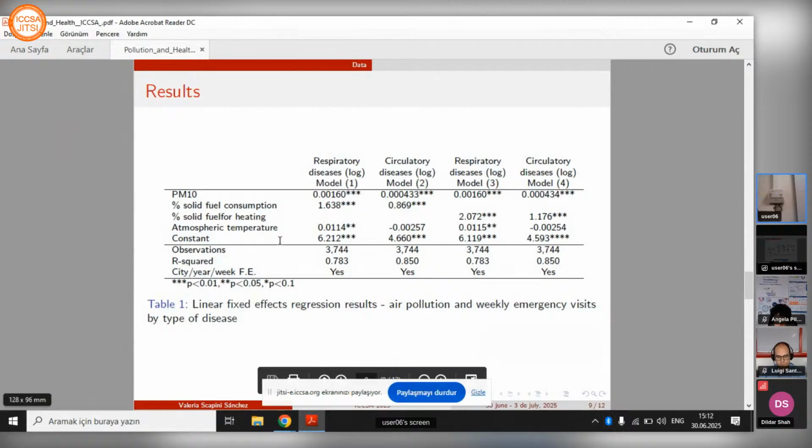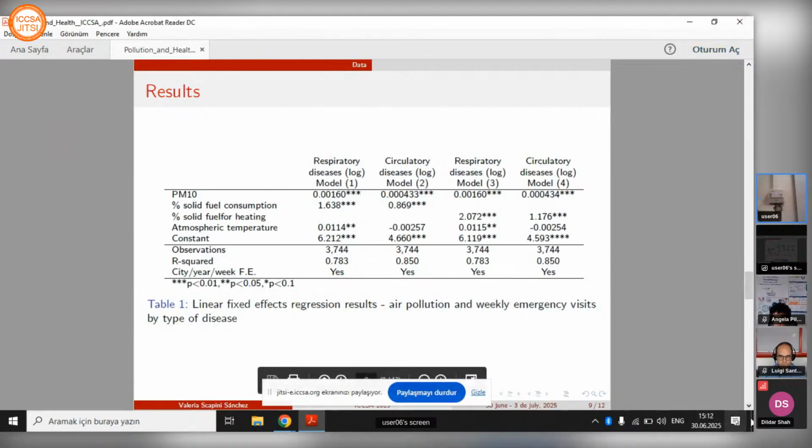The literature says the same. Solid fuel in your home is strongly related with health outcomes, and atmospheric temperature only for respiratory disease.